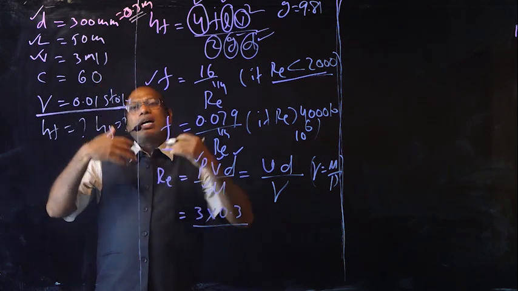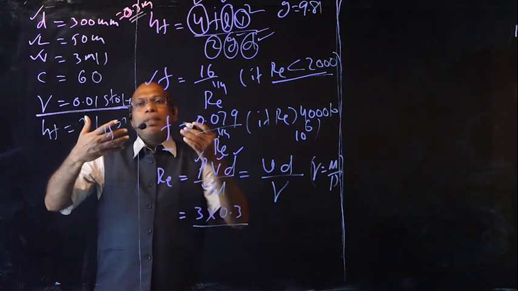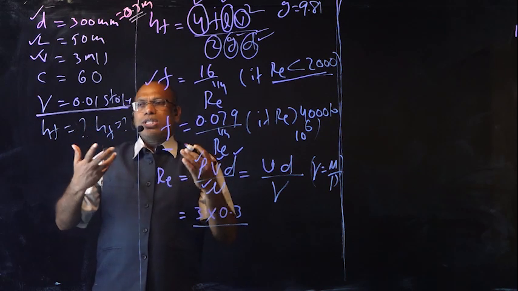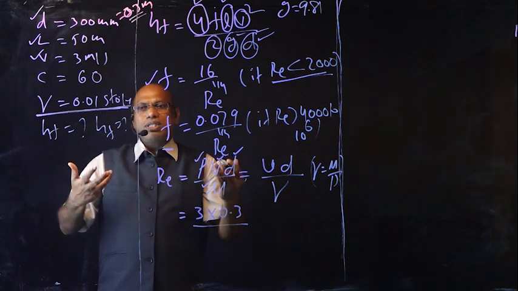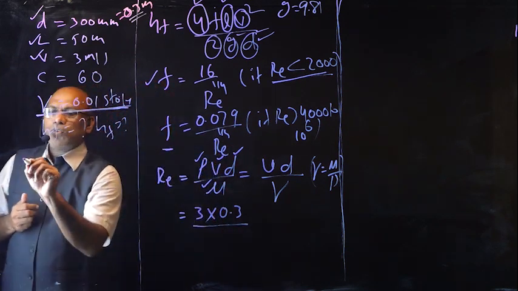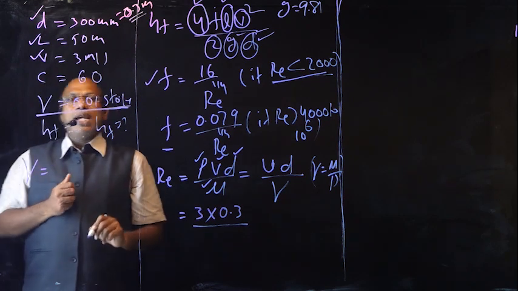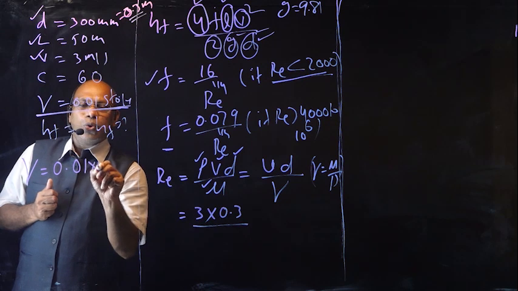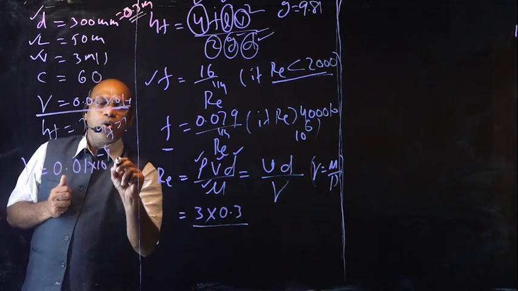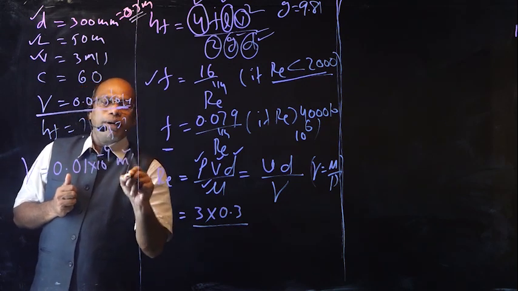First this is in the CGS system, so we convert the kinematic viscosity value into the SI system. Therefore, kinematic viscosity is equal to 0.01 into 10 power minus 4 meter square per second.